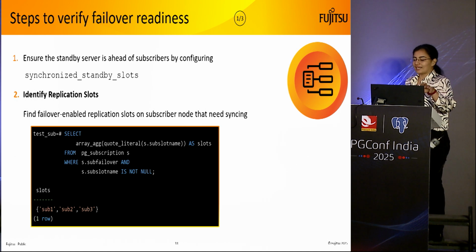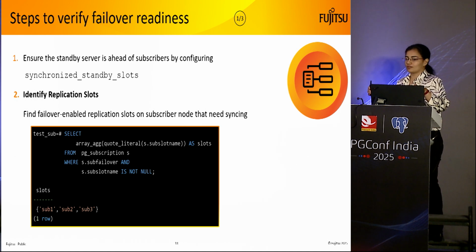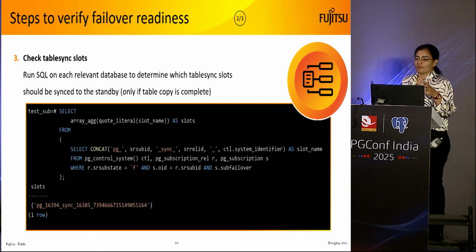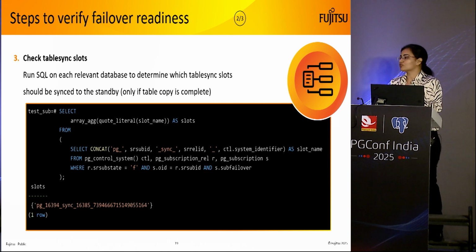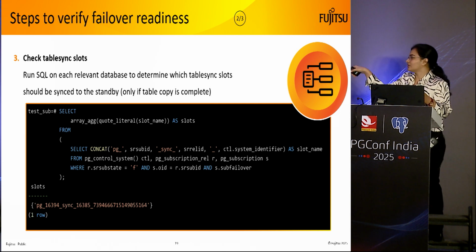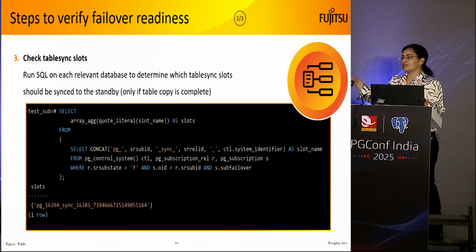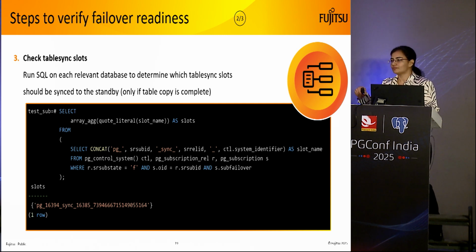To get the logical slots which should be synced on standby, you can run this query on pg_subscription. It will give you a list of all those slots which should be synced on standby, and also if there are table sync workers running and if the table sync slots also should be synced on standby node, then to get that you have to run this bit complex query on each database, because table sync workers work table by table.